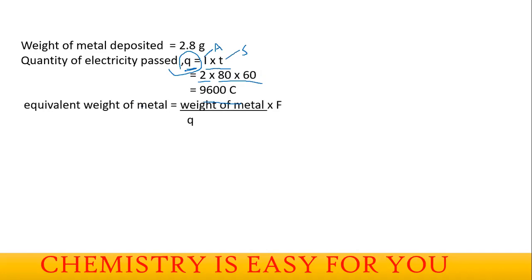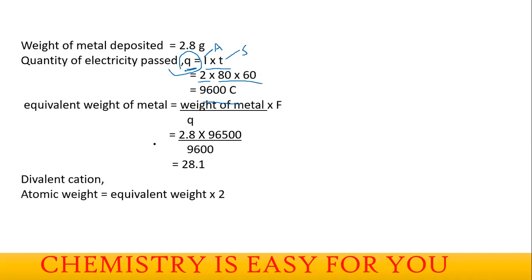Now the equivalent weight of metal would be equal to the weight of metal deposited into F, which is the Faraday's constant, divided by Q. We know the value of F as 96,500, and the weight of metal deposited is 2.8 grams. So 2.8 into 96,500 divided by 9,600 would be the equivalent weight of the metal.